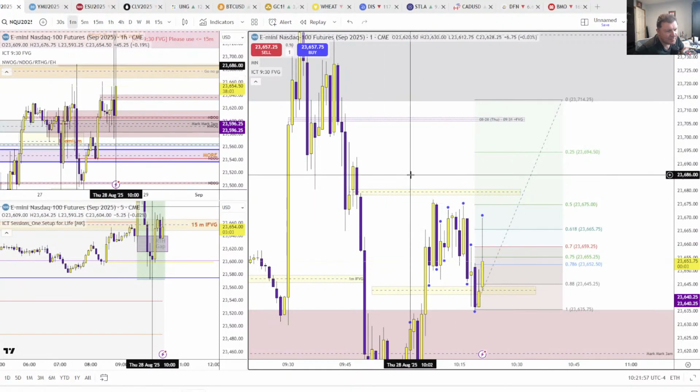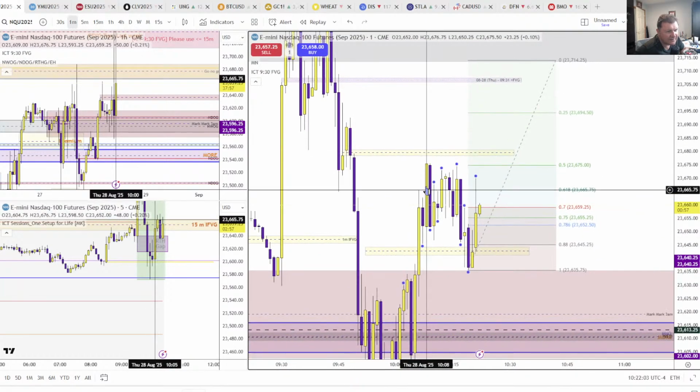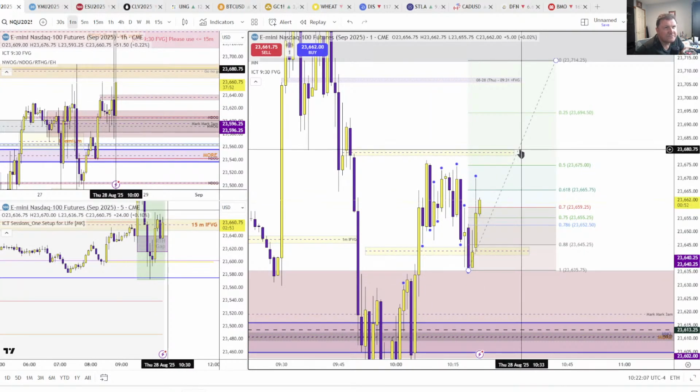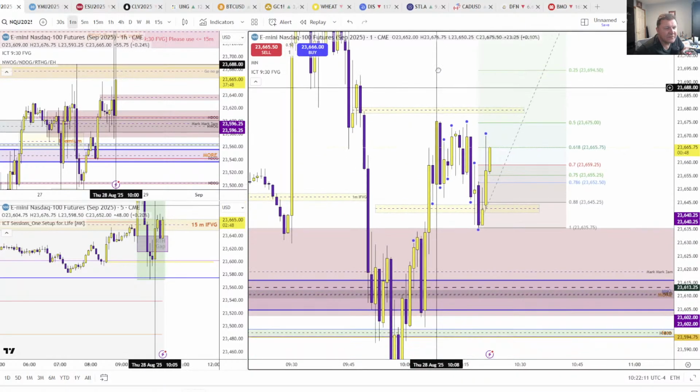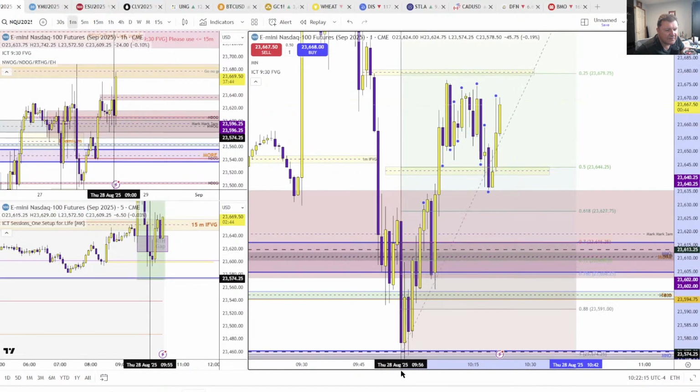I'm going to be super patient and I'm going to wait for this whole candle here to give way. Of this full 1 minute range, this whole 1 minute range here, that's what you're looking at.